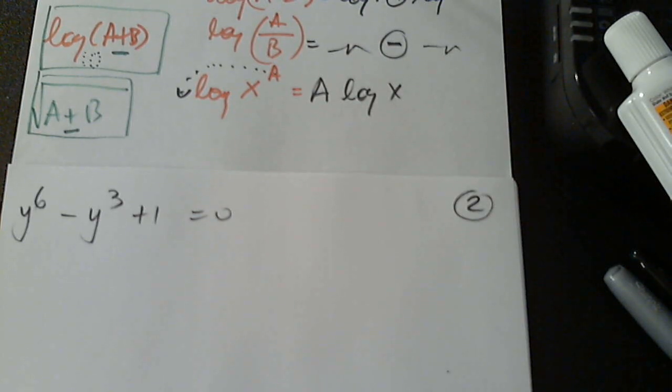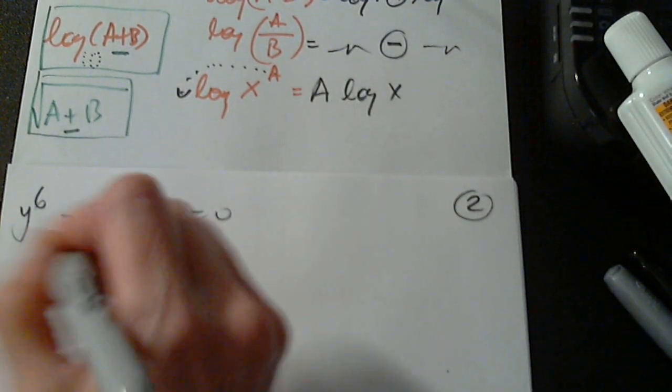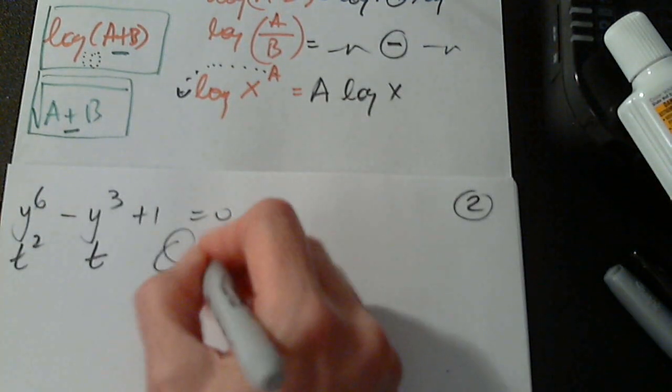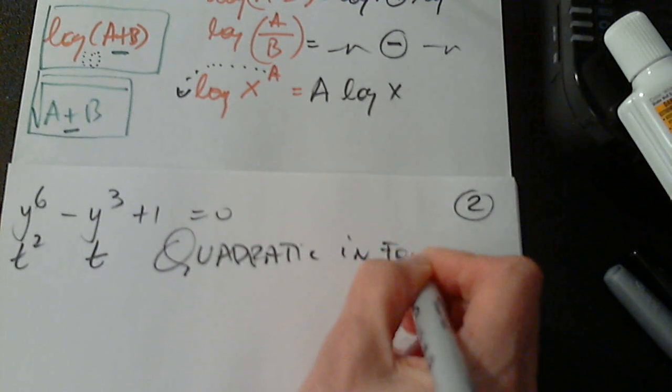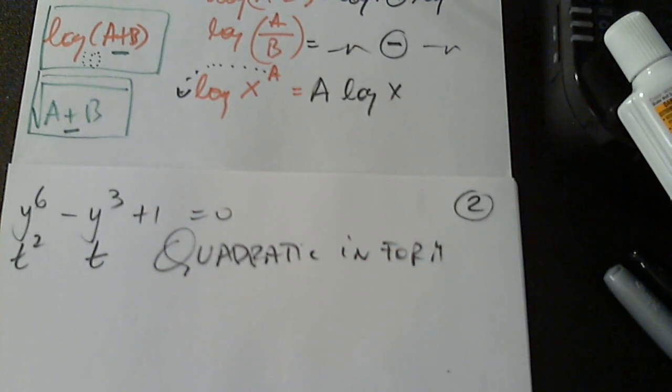Anyone remembers what method we applied here? Substitution. Yes, exactly. We said we were looking for quadratic in form. So this equation is quadratic in form. In other words, it can be replaced by a quadratic equation.